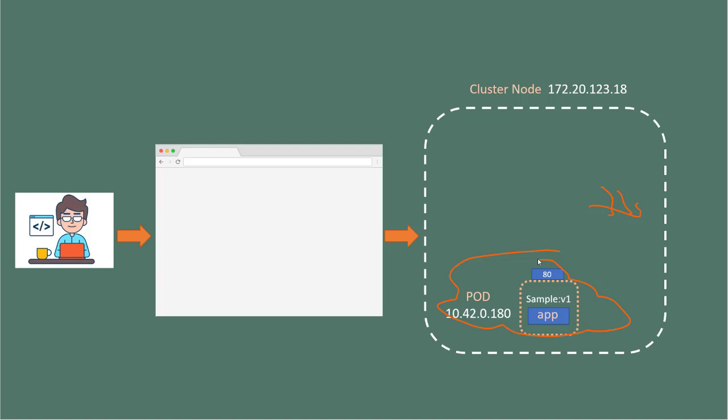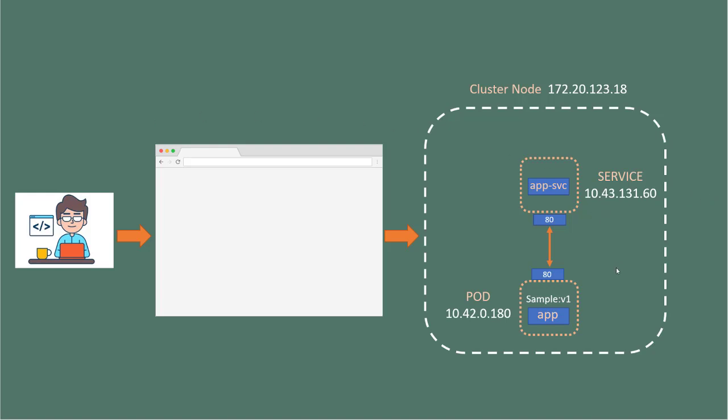To solve this problem, another concept comes into play, called services. A service is a logical component and its IP is permanent and never changes, and we put the service in front of the pod.